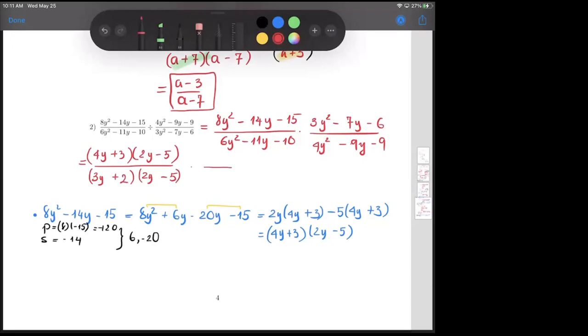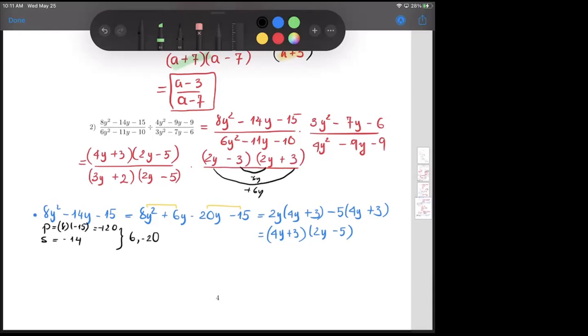Next, this one, 4y squared, I'm gonna write it as 2y times 2y. If it doesn't work, then we change it to 4y and y. And then the negative 9 is gonna be negative 3 and positive 3. All right, let's check. Minus 3 times 2y is negative 6y. And then 2y times 3 is positive 6y.